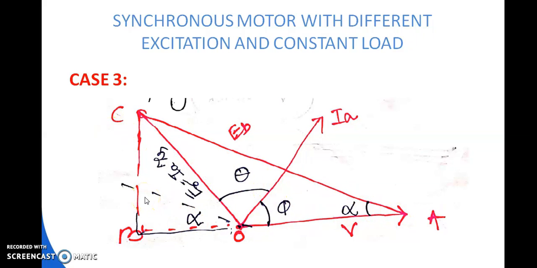Let me remind you, this EB is taken here only for being easier in the calculation. So from O to C you can see this is the resultant EMF, IA into ZS, and again as usual the angle between the resultant EMF and armature current is theta.